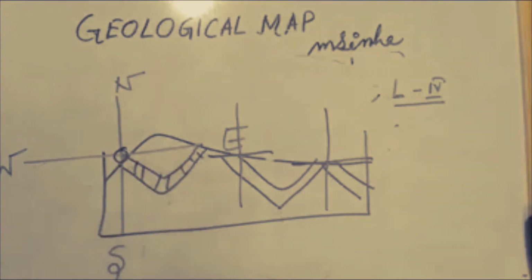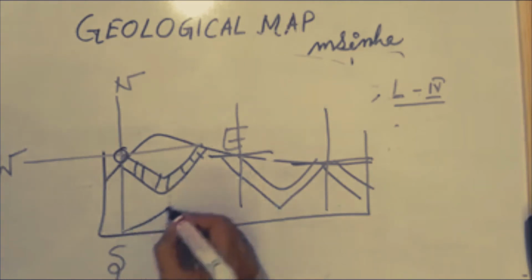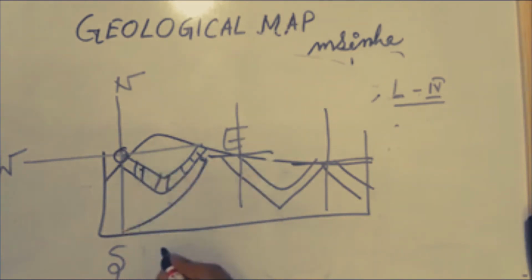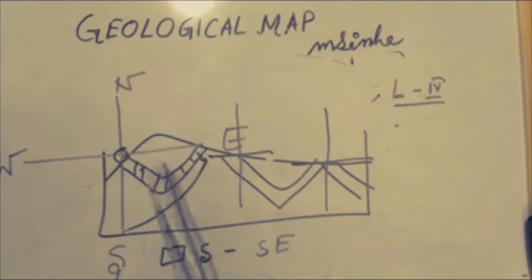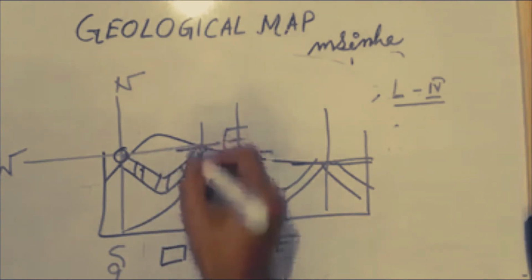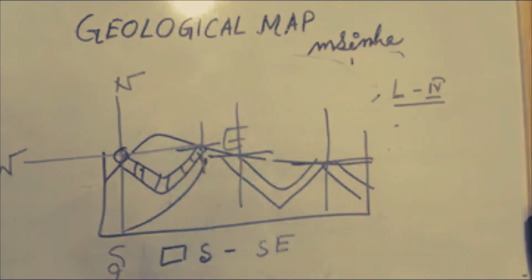For that case, we can take the help of the reduced bearing system. Suppose this bed is nearer to the south. So we can identify the direction of this bed. Suppose the direction is south to southeast.